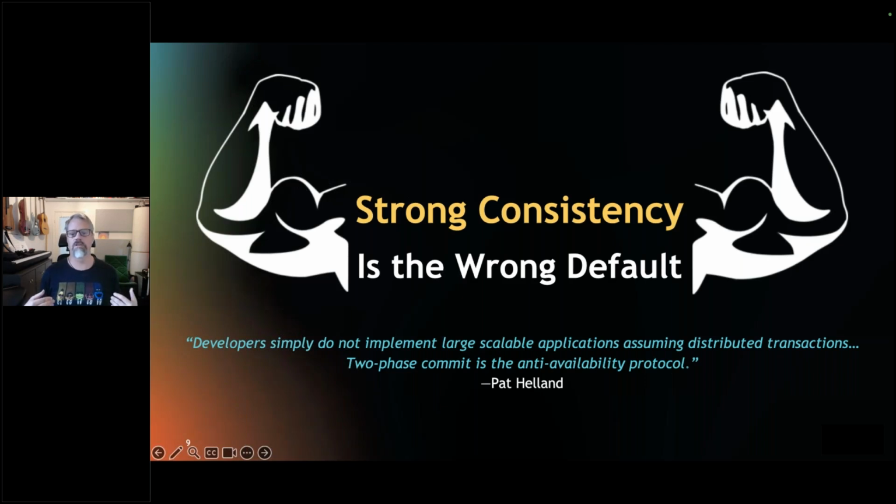It's nothing to be surprised about, because strong consistency is really not how the world works. If we take a step back and think about how reality works, nothing is truly strongly consistent. Everything is happening through message-based, asynchronous communication.